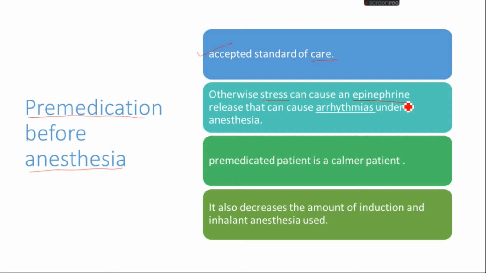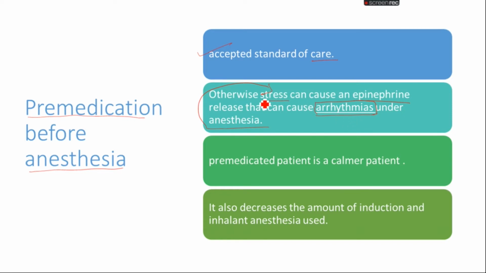Epinephrine is released in the fight or flight condition, and stress is a fight or flight condition, and that may cause arrhythmias, like respiratory arrhythmias, abnormal breathing, and heart arrhythmias, tachycardia and bradycardia. So, if we directly provide anesthesia in a stressful condition, these signs, symptoms and problems can arise.